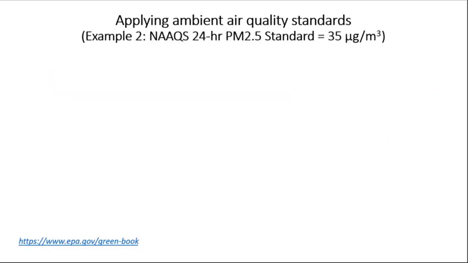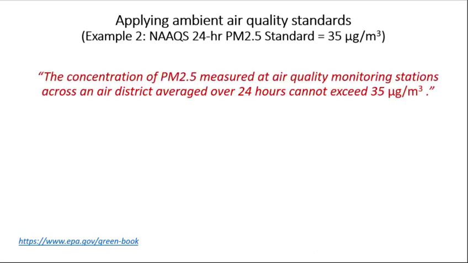We next take the 24-hour PM2.5 NAAQS standard of 35 micrograms per meter cubed. This means that the concentration of PM2.5 measured at air quality monitoring stations across an air district averaged over 24 hours cannot exceed 35 micrograms per cubic meter.